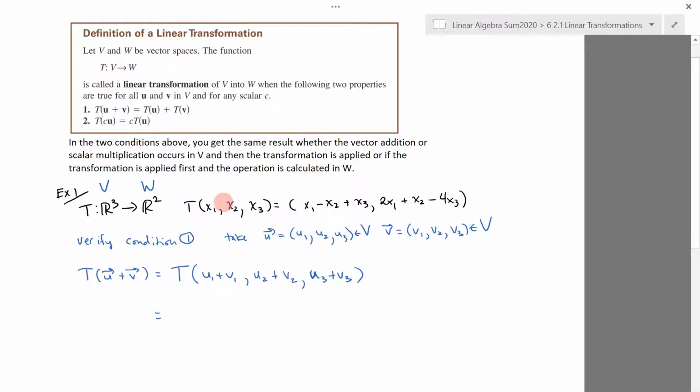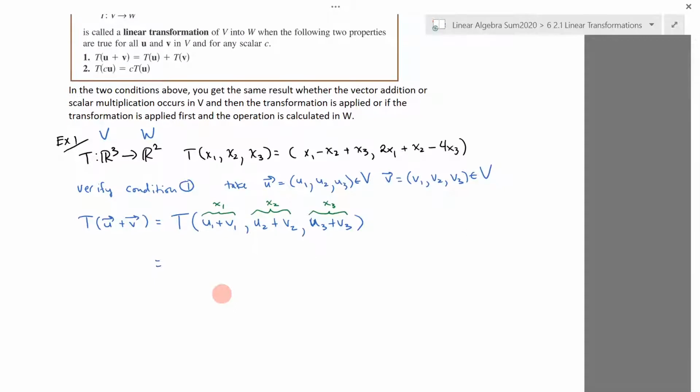So here the first component x1, x2, x3 is calculated this way, right? So this is playing the role of x1, this is playing the role of x2, and this is playing the role of x3. Right, so now I just plug it into the formula, and the result is the following.